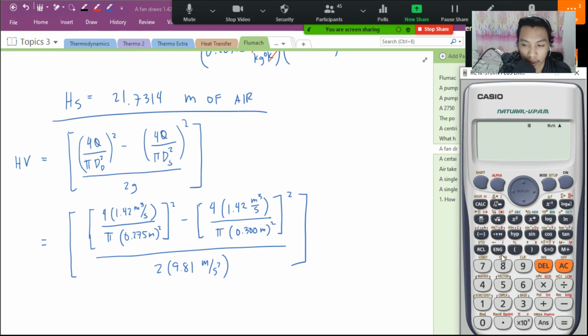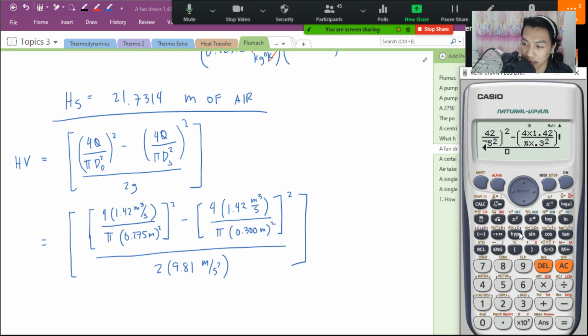Okay. Then let us solve. 4, dapat pala naka parenthesis. Times 1.42 divide by shift pi times 0.275 squared. Square natin yung labas. Minus 4 times 1.42 divide by shift pi times 0.3 squared.